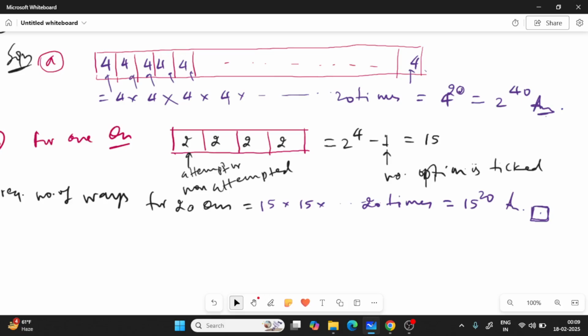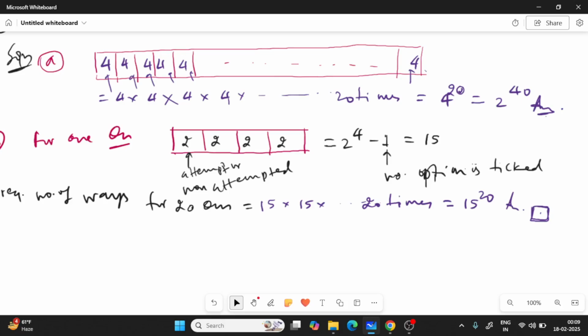So you would have 2 to the power 4 minus 1, that is 16 minus 1, that is 15 ways. So when MCQs are there, you can easily realize that 15 ways are possible.